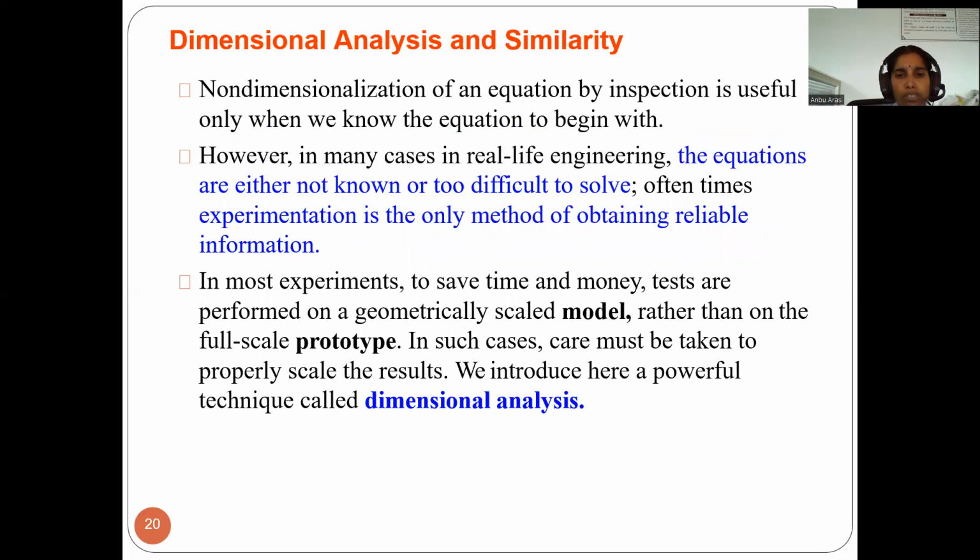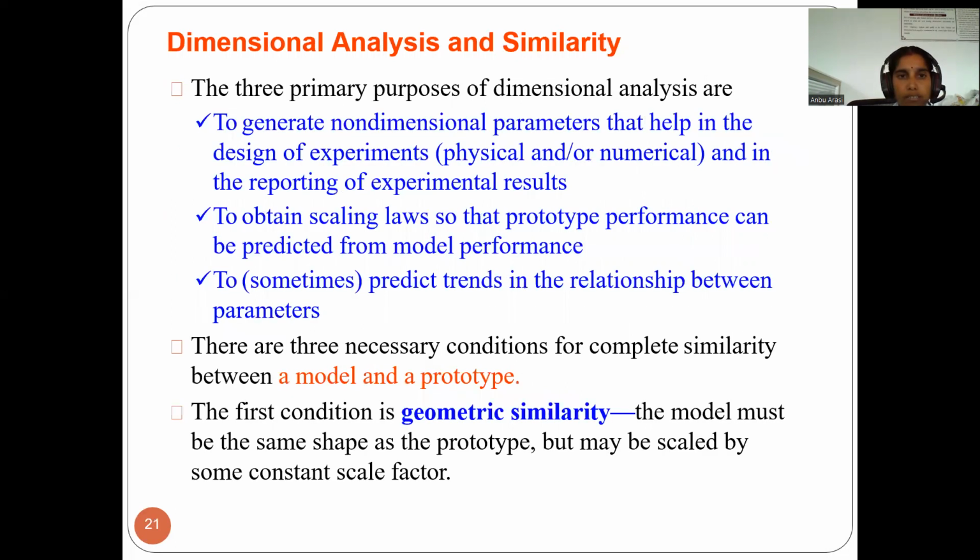In most experiments, to save time and money, tests are performed on a geometrically scaled model rather than on the full-scale prototype. In such cases, care must be taken to properly scale the results. We introduce here a powerful technique called dimensional analysis.